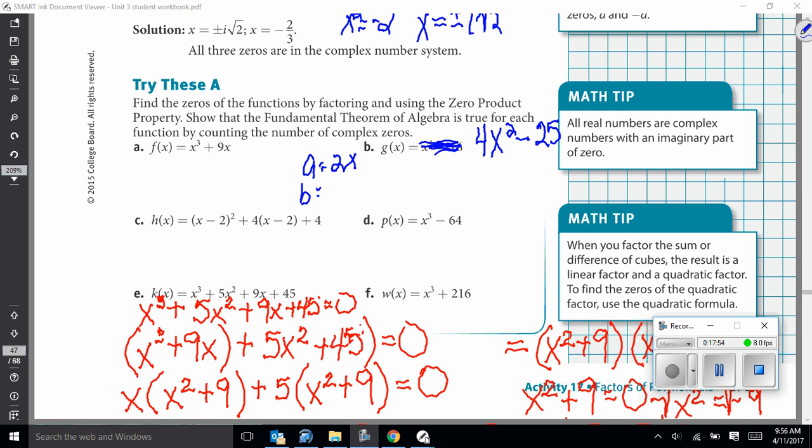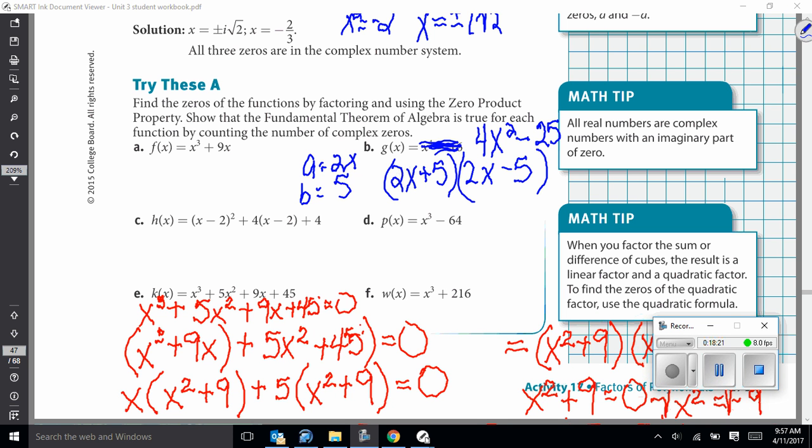And then 5. So if we multiply this out, 2x times 2x gives us 4x squared. 2x times negative 5 gives us negative 10x. And 5 times 2x gives us positive 10x. Those cancel. And then 5 times negative 5 gives us negative 25.